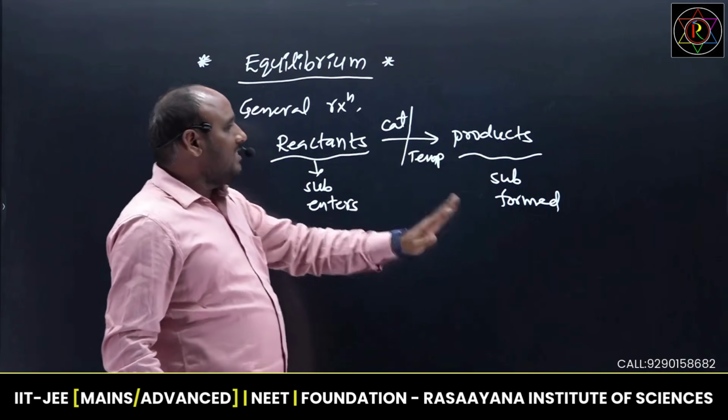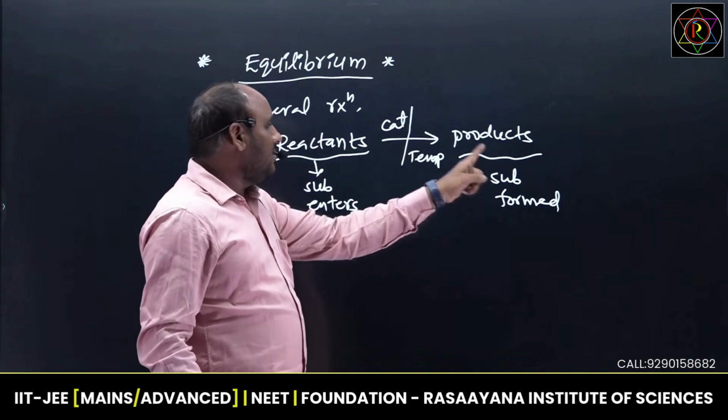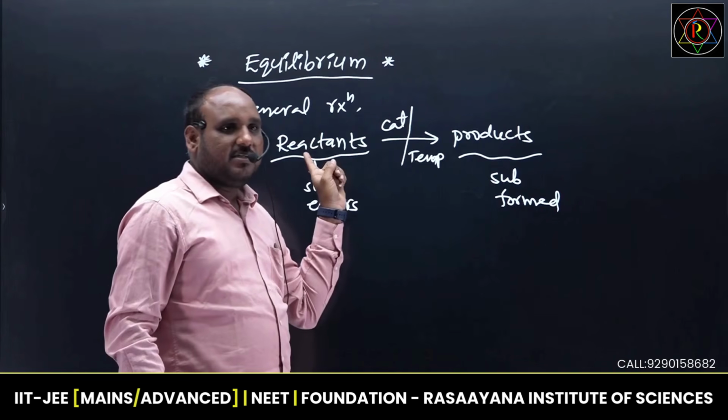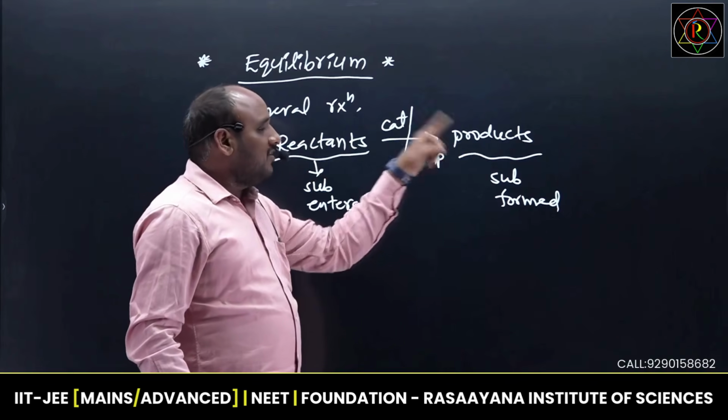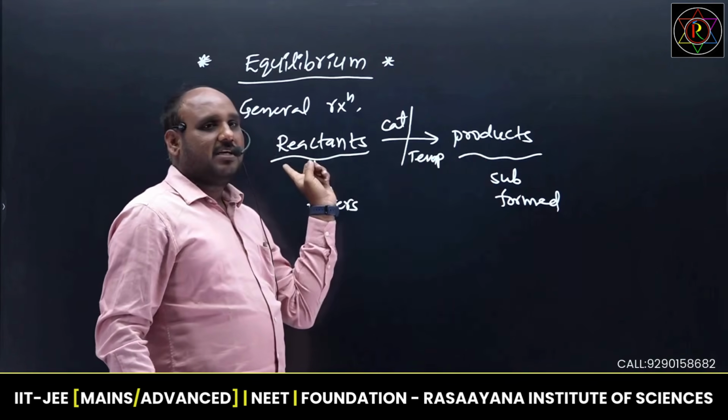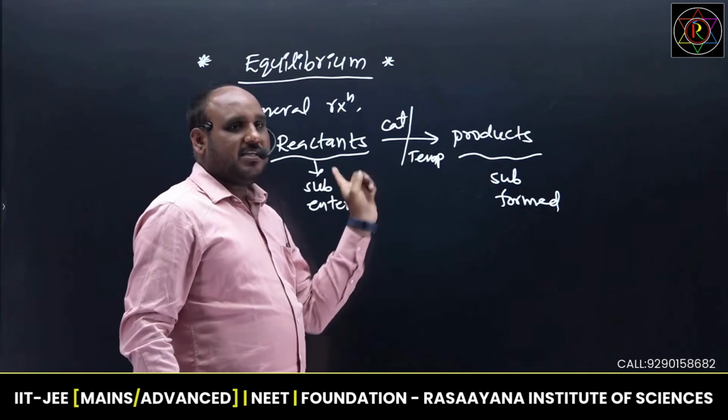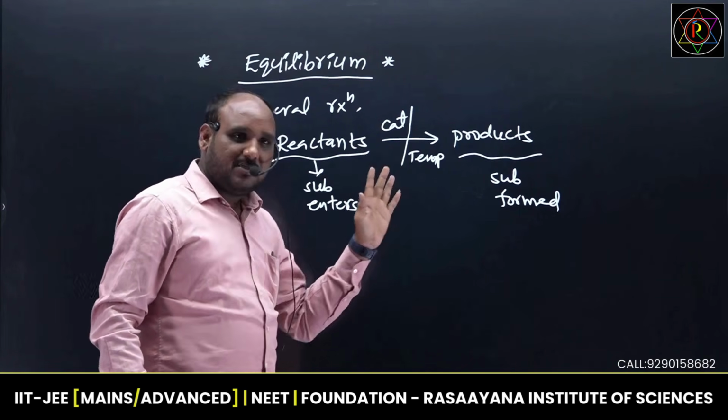In some reactions, products also will be converted into reactants, so the reaction is carried out in both manners. That is a forward reaction as well as a backward reaction. That reaction is known as a reversible reaction.